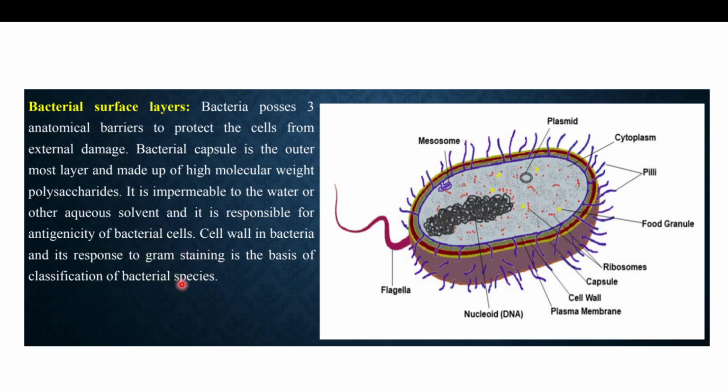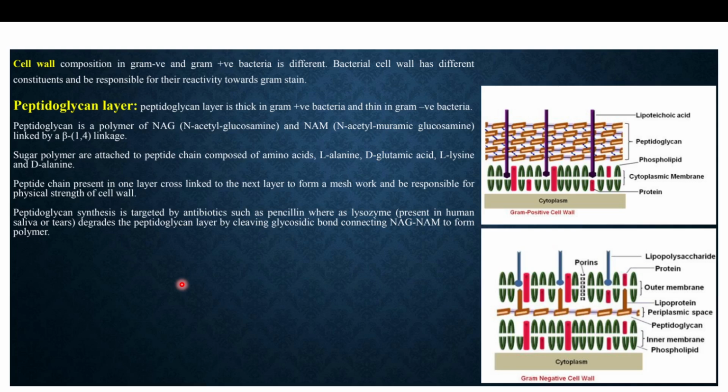Okay. Now, if we talk about the cell wall, there are certain cells which can take up and also retain a particular stain, which are called gram positive, and there are certain bacterial cells which do not take up the particular stain. It is called a gram negative bacterial cell wall. Okay.